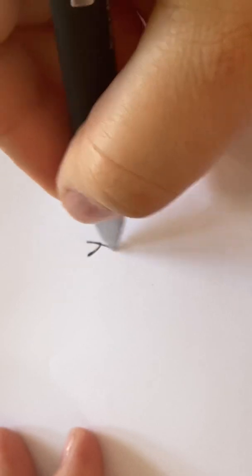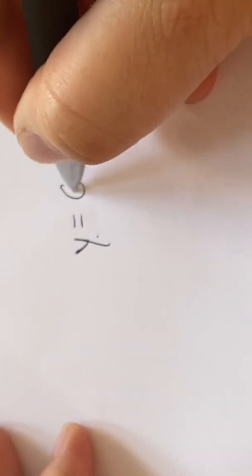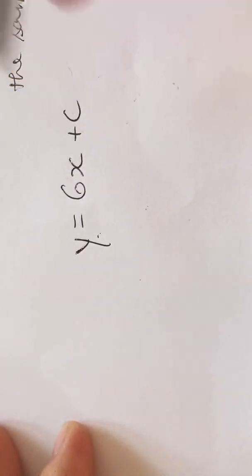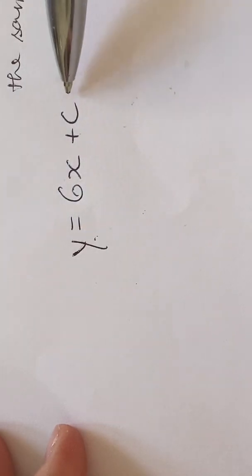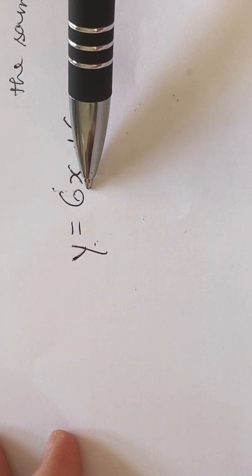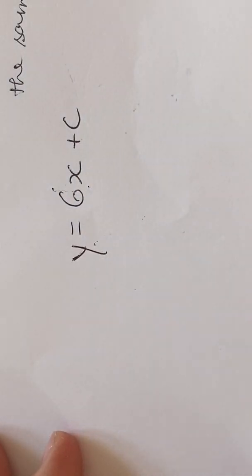So now I can come up with my y equals 6x plus c, the equation that has the gradient in already. Then in the next line I substitute the coordinates in as well, x and y.